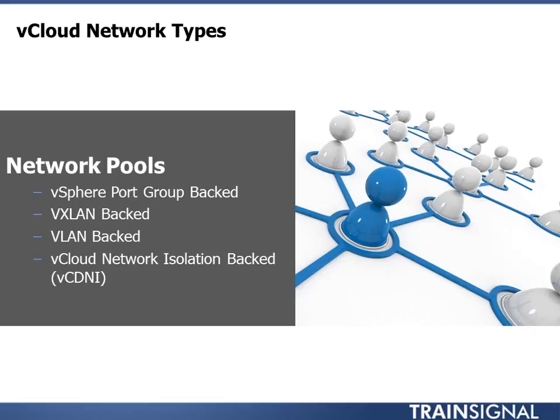But realistically, you're going to have Enterprise Plus most likely, because not having a distributed switch really kills a lot of these networking constructs that you see here. So that's why you're pretty much going to have to choose a distributed switch anyways. I don't really see anyone doing standard switches, but just to be clear, you can use a standard switch for the vSphere port group backed. Everything else requires a distributed switch.